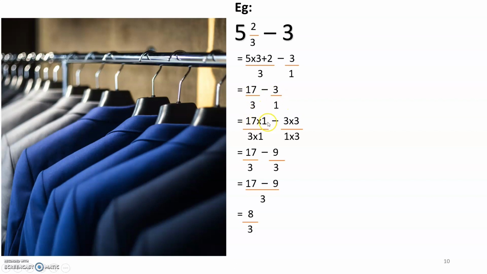So 17 into 1 upon 3 into 1 minus 3 into 3 upon 1 into 3. So 17 ones are 17 upon 3 ones are 3 minus 3 threes are 9, 9 upon 3. So 17 minus 9 upon 3. 17 minus 9 gives you 8 upon 3. So this is already in the lowest term. So we need not convert it into the lowest term.